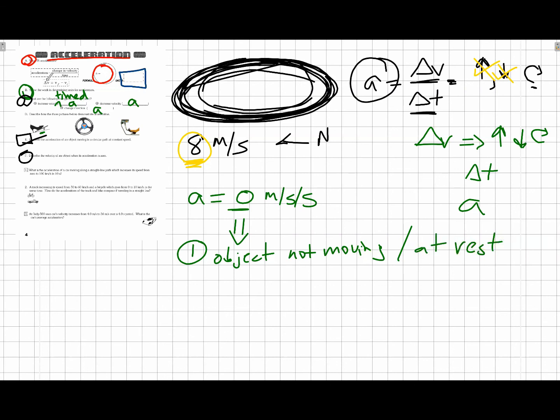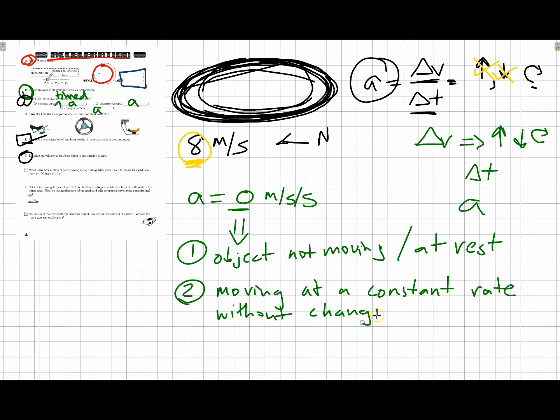But the goal here is to realize, as we are focusing in on these changes in direction that are timed as accelerations, we have to recognize that an acceleration of 0 also could mean something moving at a constant rate without changing direction.